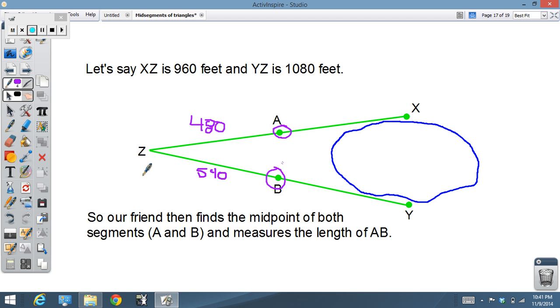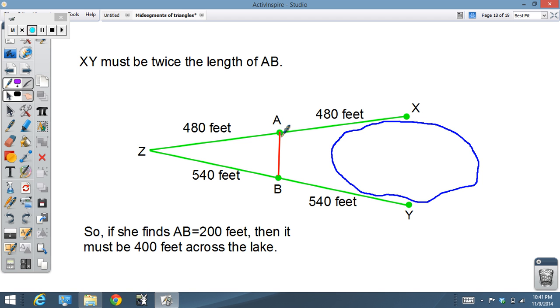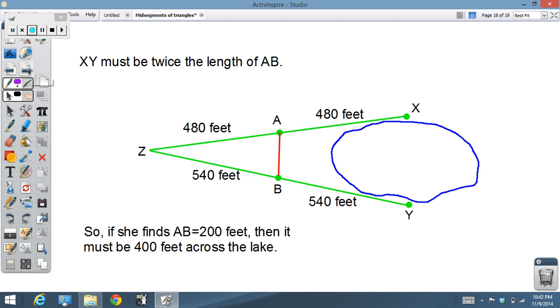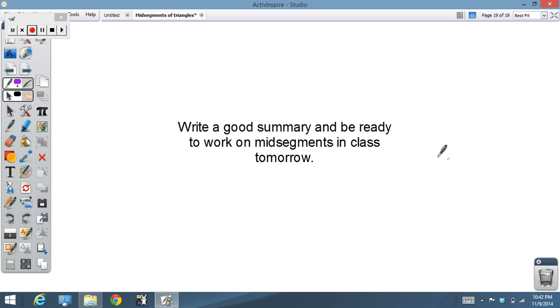And she's going to mark points A and B. Using points A and B, she's now going to measure this distance here. And she's going to find out, let's say, for example, that that's 200. Well, that is a midsegment. Therefore, the parallel side over here must be twice as great, or 400 feet across the lake. All right? And finally, write a good summary. Be ready to work on midsegments in class tomorrow.